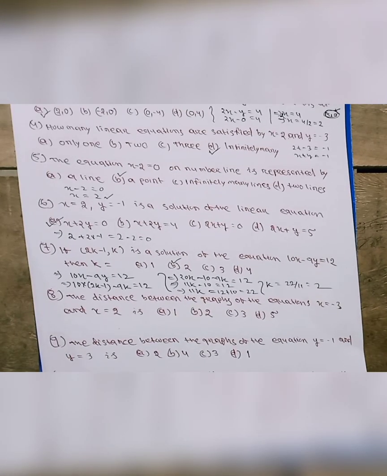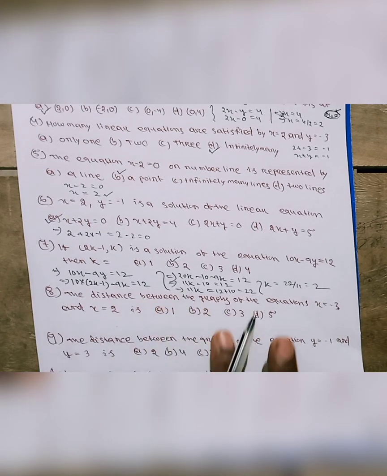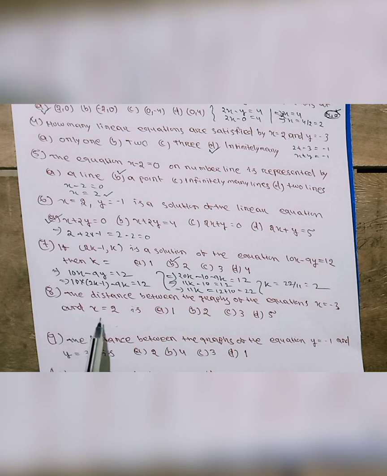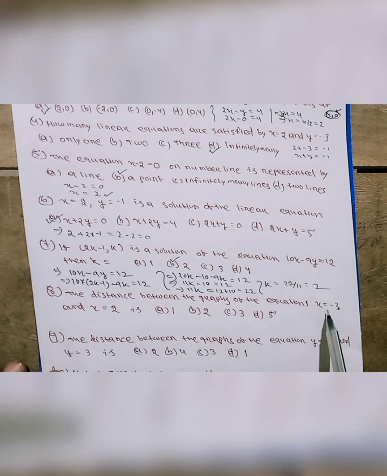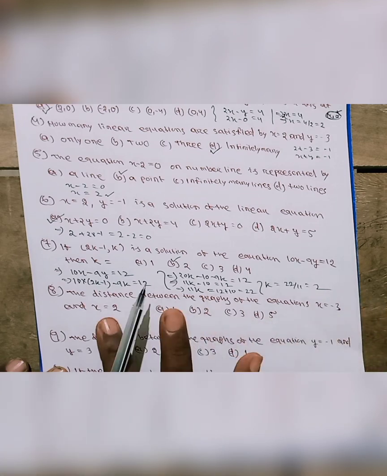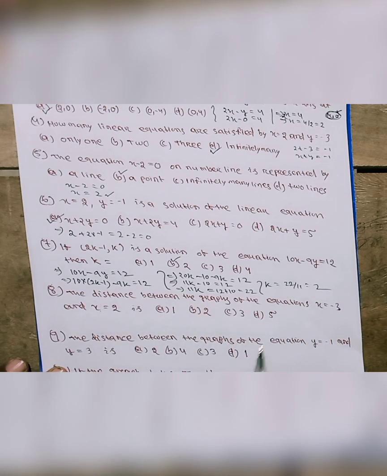Number 8. The distance between the graphs of the equations x equals minus 3 and x equals 2 is which one? 1, 2, 3, 5. Mark the two equations: x equals minus 3, x equals 2. That means 2 points on the x-axis.